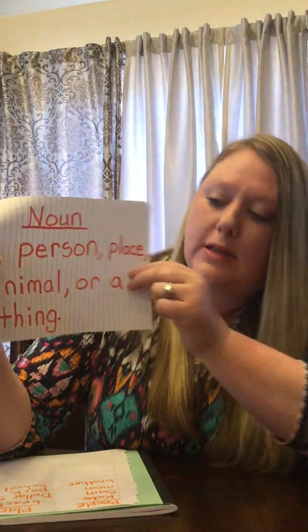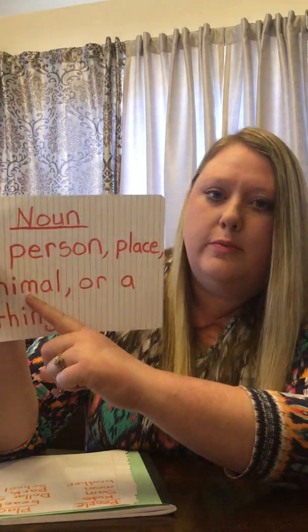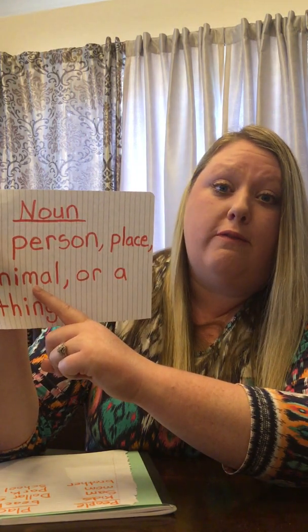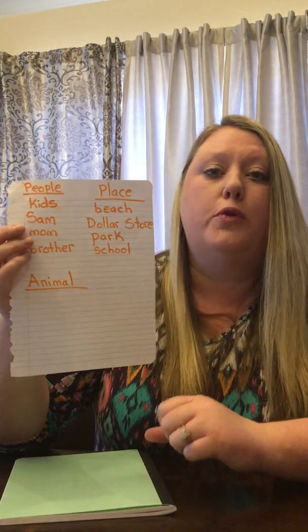Ooh, the next thing on my list is animals. Ooh, animals are my favorite. This is my favorite thing to write. I'm going to write animal first. So I'm going to think of 4 nouns that name an animal. I'm thinking of a horse.